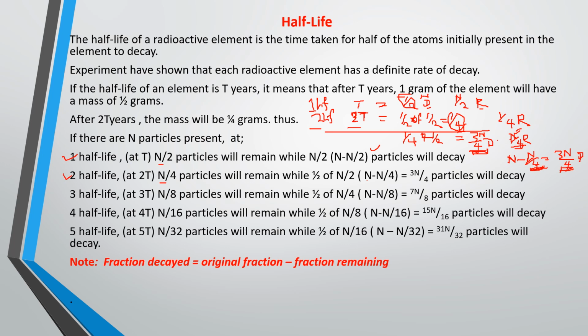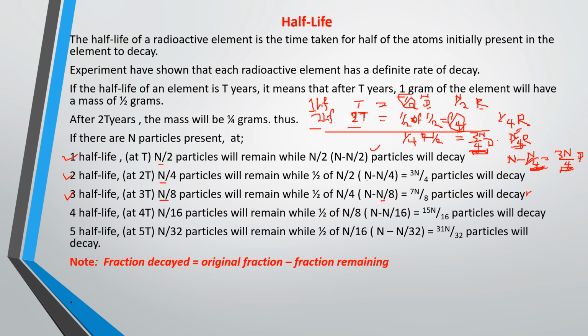Now for the 3 half-lives, n over 8 particles remain, while n minus n over 8 will have decayed. So you have that at 3 half-lives, 7n over 8 of a particle will have decayed.